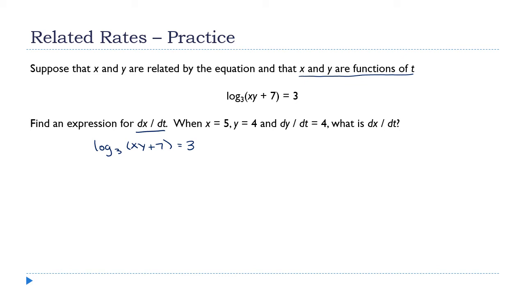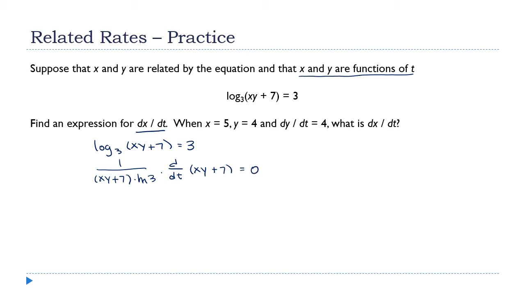Differentiating the left side, this is a chain rule situation. So this is going to be 1 over (xy plus 7) times the natural log of 3, times the derivative with respect to t, remember, of xy plus 7. This equals the derivative of 3, derivative of a constant, that's just 0.